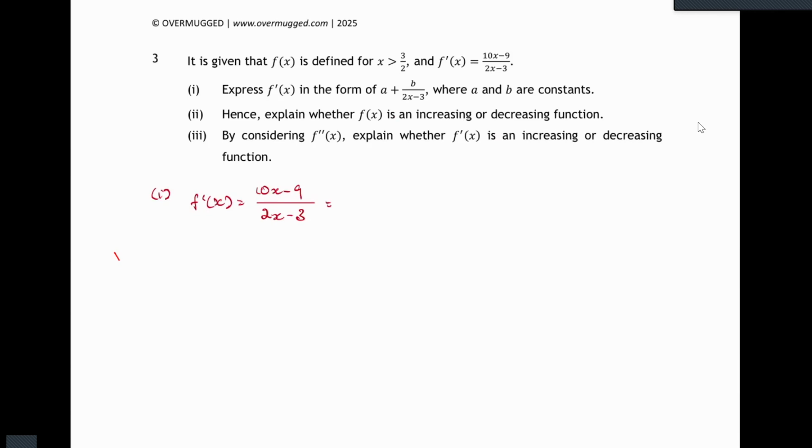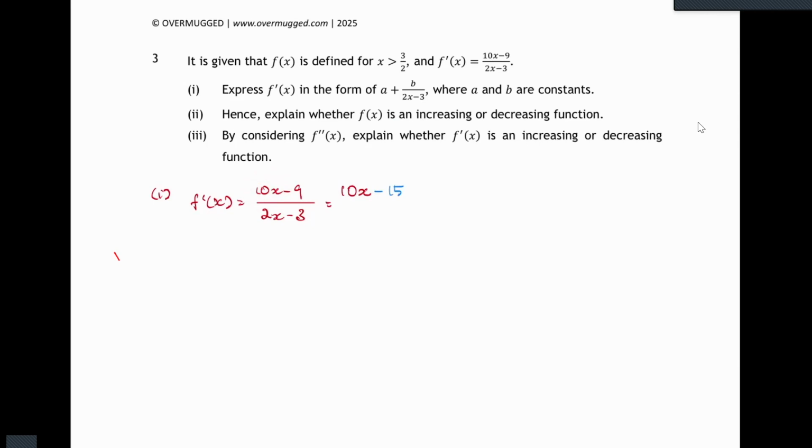So what I want to do is I want to create the factor of 2x minus 3 in the numerator. So say if I have 2x minus 3, if I want to have 10x, just nice divide by it, I must times 5 to get 10x minus 15. So I'll artificially create the minus 15, but I cannot just create something out of thin air.